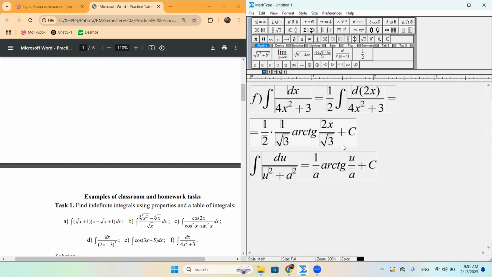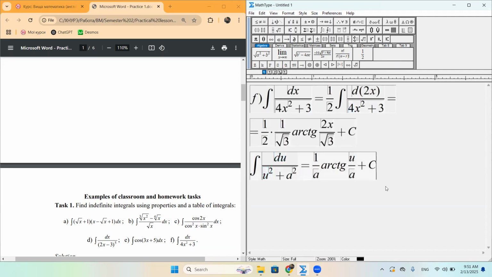Any questions about this task? Yeah, I have a question. Why do we have the differential of 2x? Because of such an integral.